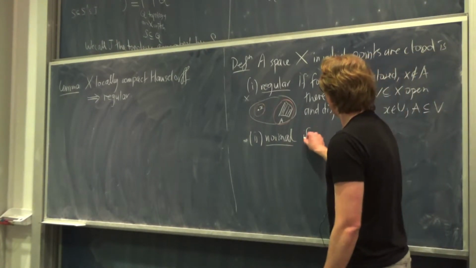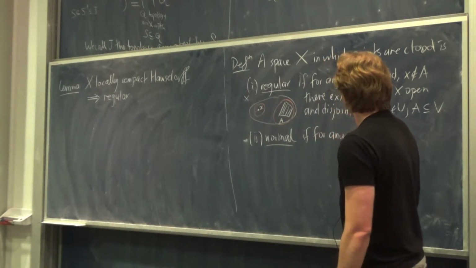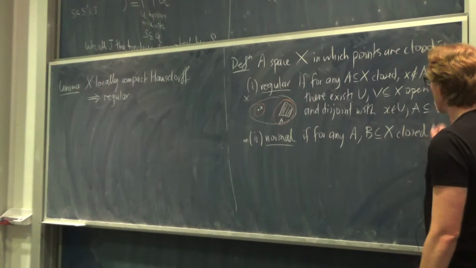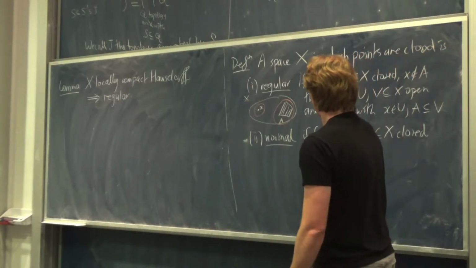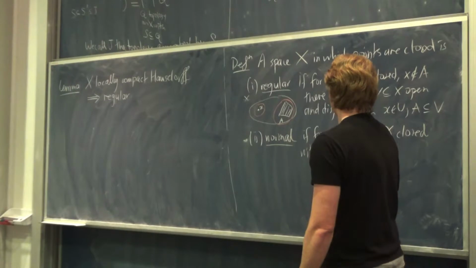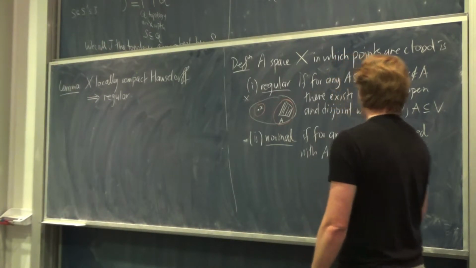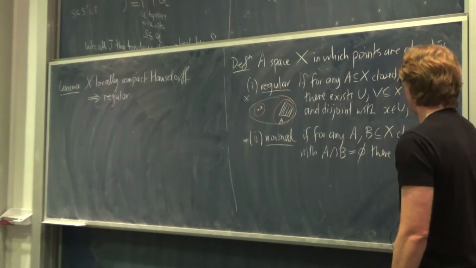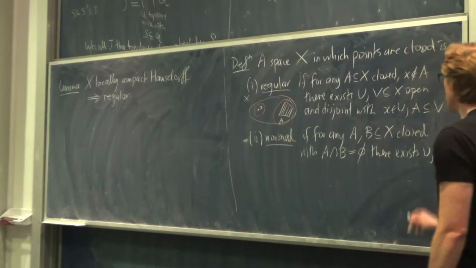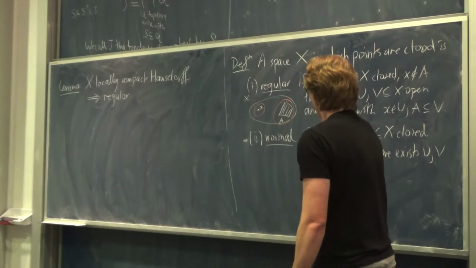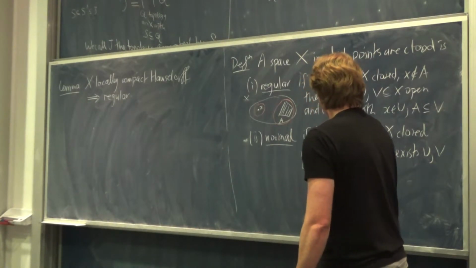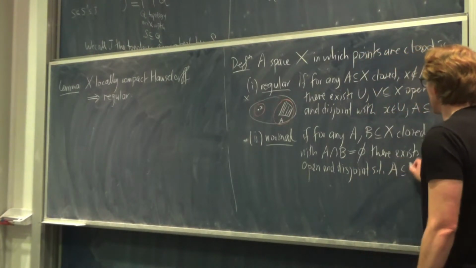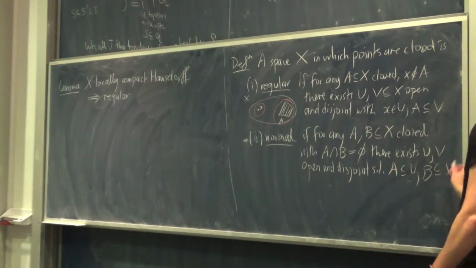And normal if for any pair of closed subsets A and B with A intersect B empty, the same: there exist U and V open and disjoint, that is having empty intersection, such that A is contained in U and B is contained in V.